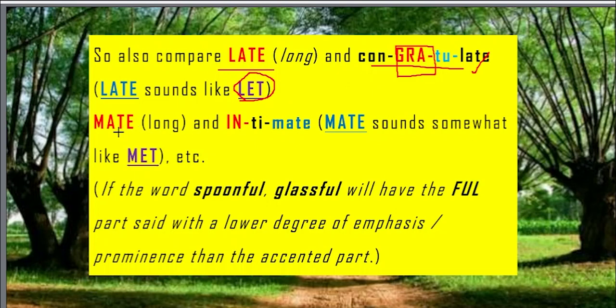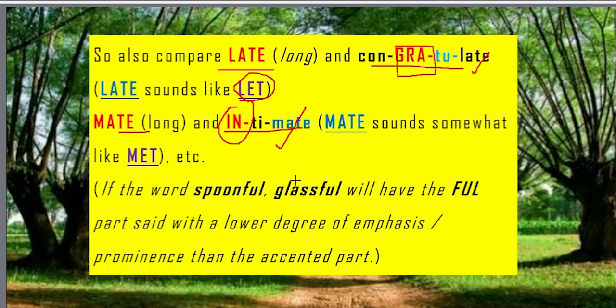Mate. Classmate or something. Mate. When we say intimate, here this is the accented syllable, the red one. So in intimate, the unaccented syllable, mate, is shortened to met. Both the duration and the loudness will be lower.